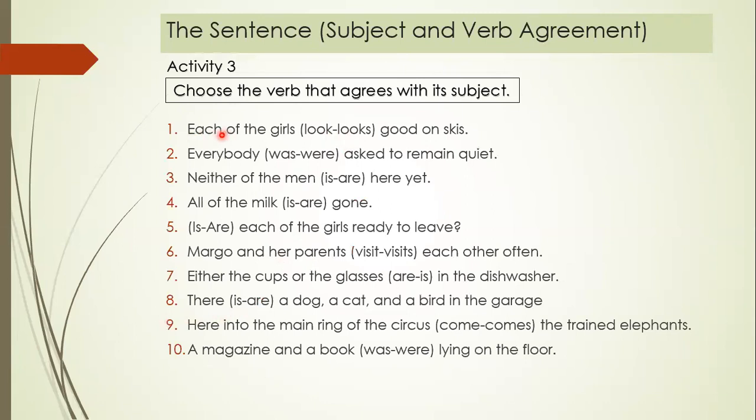Because the subject here is each, the pronoun. Number 2, everybody were asked to remain quiet. Of course, the answer is was, because again, everybody is singular. Neither of the men are here yet.